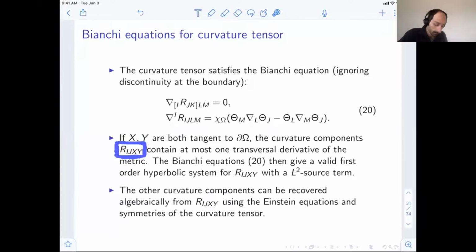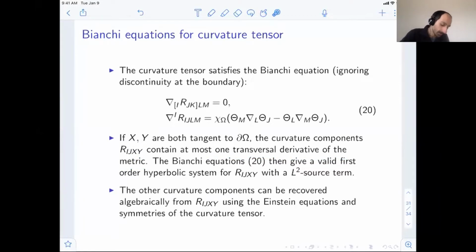The point being that the original Ricci-Einstein equations are at the level of the second derivative of the metric, and we see this discontinuity on the boundary. But when the two of these are tangential, one can check that at most one transversal derivative of the metric appears in the expression for the curvature, right?